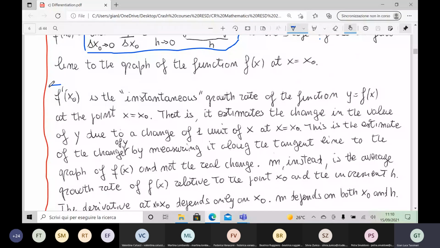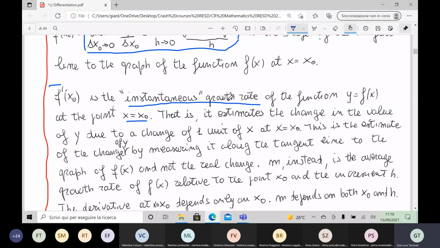The meaning of the slope is, guys, remember this name, the instantaneous growth rate of the function at the point x equal to x0. So I repeat, the derivative of the function evaluated at a particular point is the slope of the tangent line at this point, and therefore it measures the instantaneous growth rate of the function at the point x equal to x0.